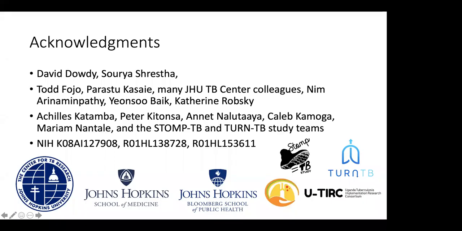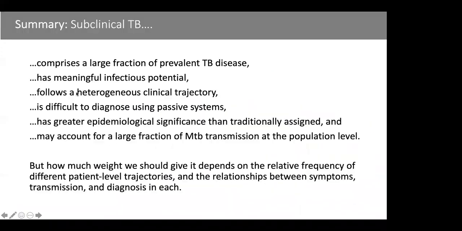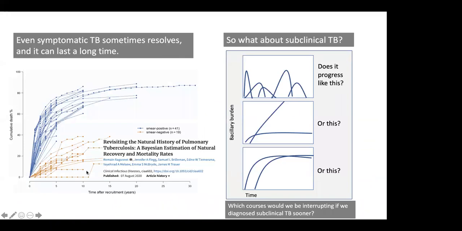I'm pulling my slides back up, because one of the figures I showed was from someone who had done a re-review and summary of those data. What's called smear positive and smear negative here is actually open versus closed in the historical papers they were reviewing. I've always assumed exactly the same, that it's smear positive. So you see the smear negative group seems to live a long time, 10 years, 15 years.